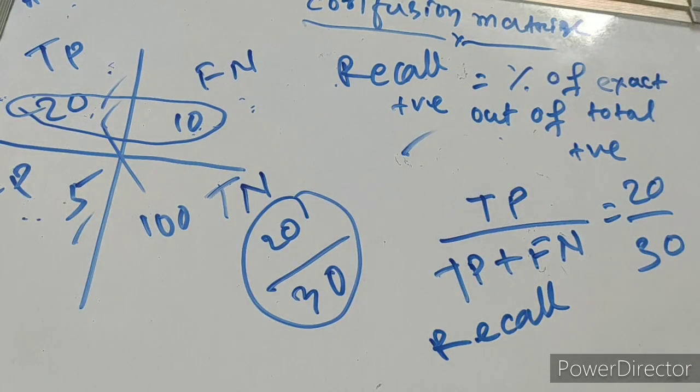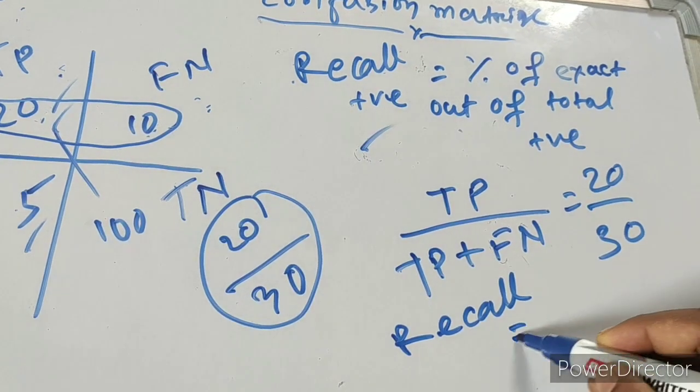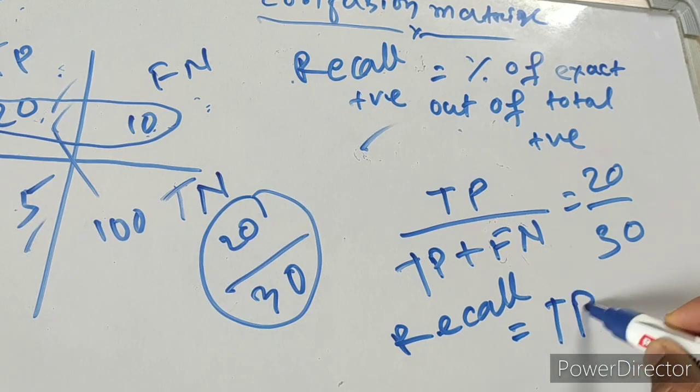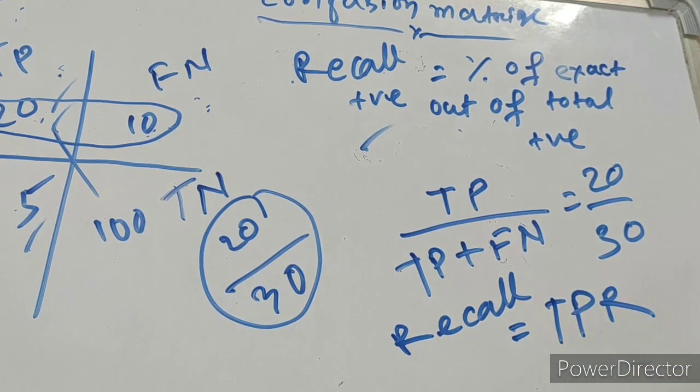So the recall formula is the percentage of exact positives out of total positives, and this value is for the positive result. Both precision and recall are for the positive result, but recall is also known as TPR, the true positive rate.